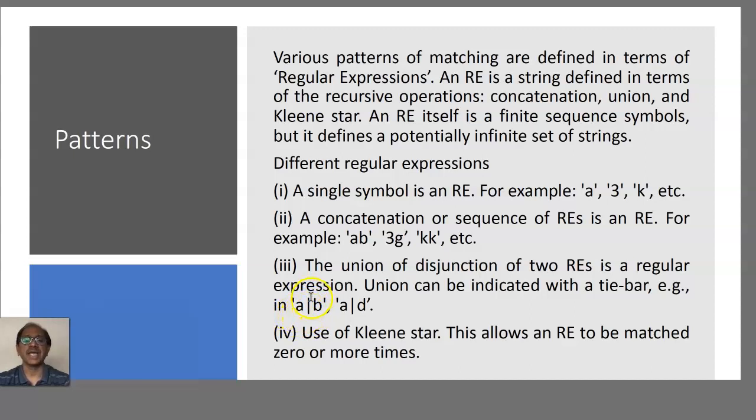So when you say A or B, or A or D, that is also a regular expression. Then Kleene star, which we have already seen. Kleene star is an asterisk mark which we use after a character. That means either 0 or more. So when you use a Kleene star also, we get a regular expression.